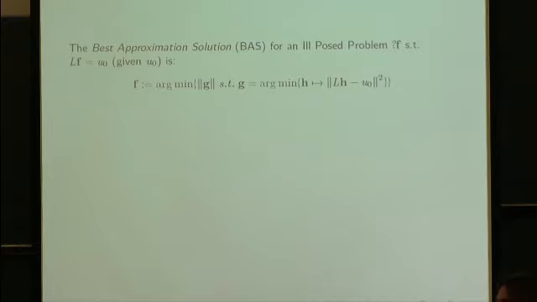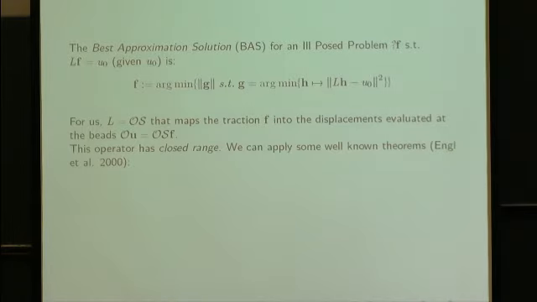So to link this procedure to the inverse problem is quite easy. We have to define the best approximation solution in the usual way. Then I found that the operator which links measured displacement with forces has closed range. It is easy because its range is finite dimensional, and then I can apply some known theorems.